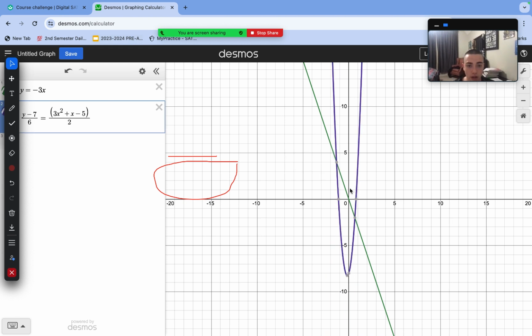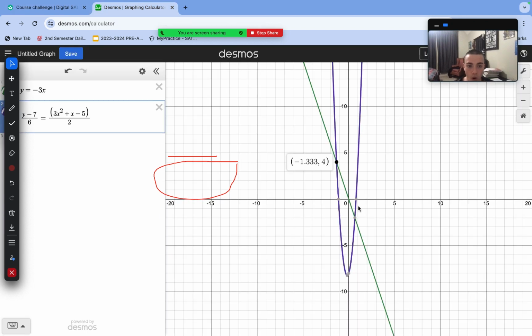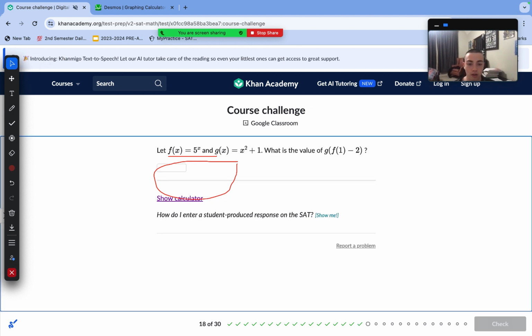And our two intersections are, well, we are just adding together the y coordinates. So we have 4 and we have negative 2. 4 plus negative 2 is equal to positive 2. So that means that 2 is the correct answer.